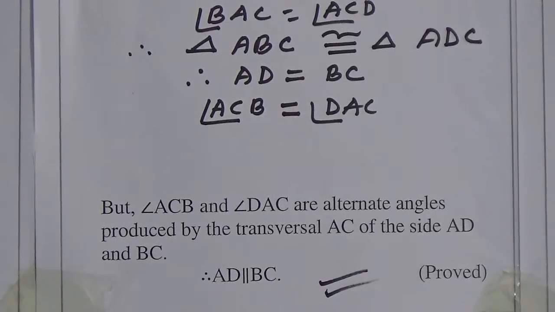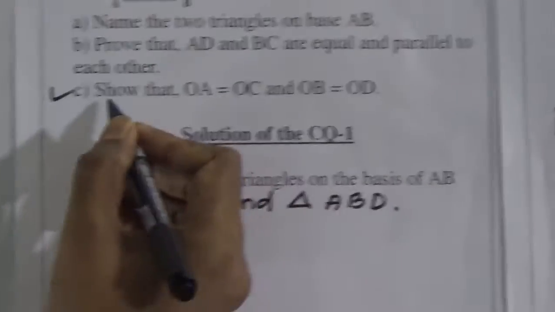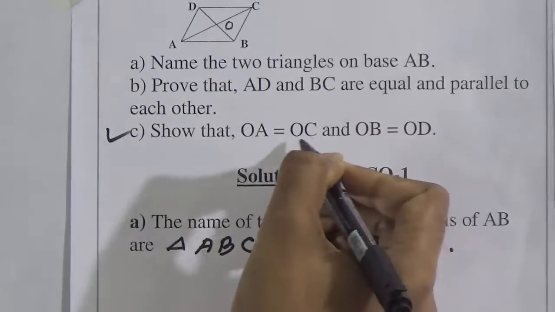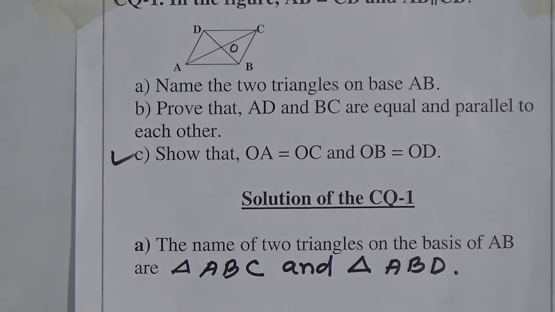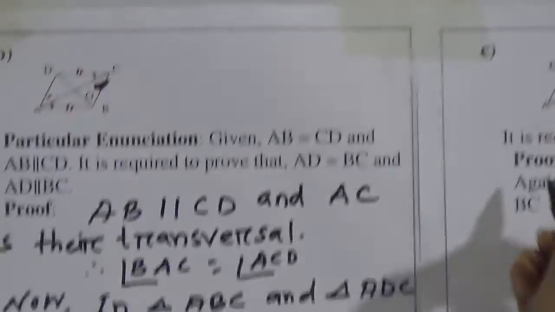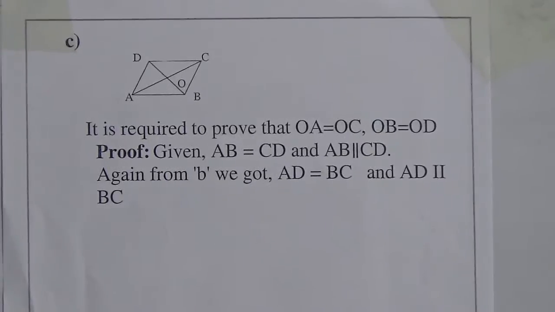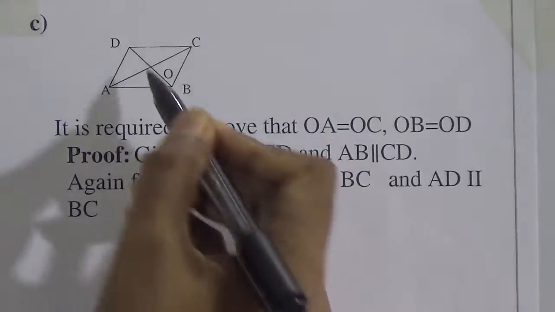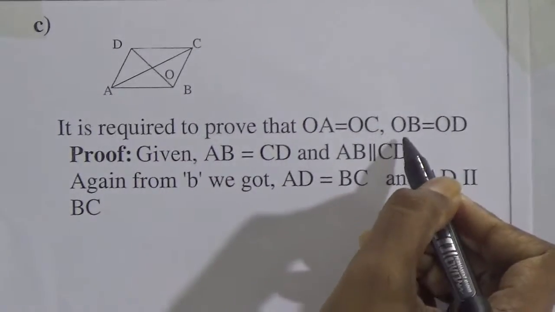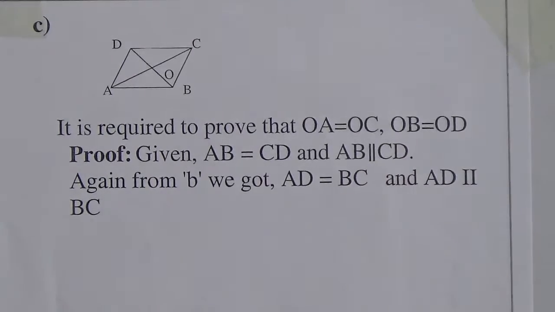Now, see our question. Show that OA equal to OC and OB equal to OD. That means we have to prove that OA equal to OC and OB equal to OD.